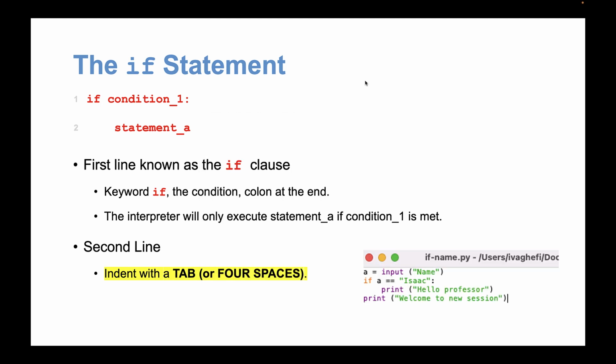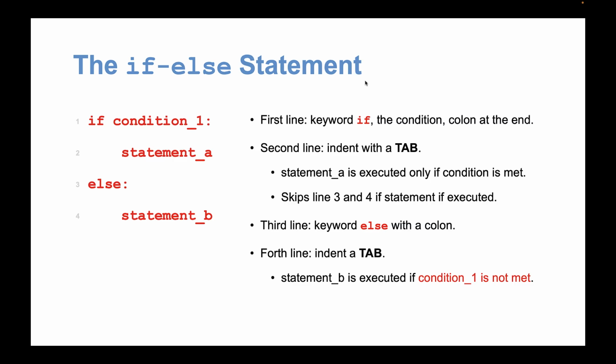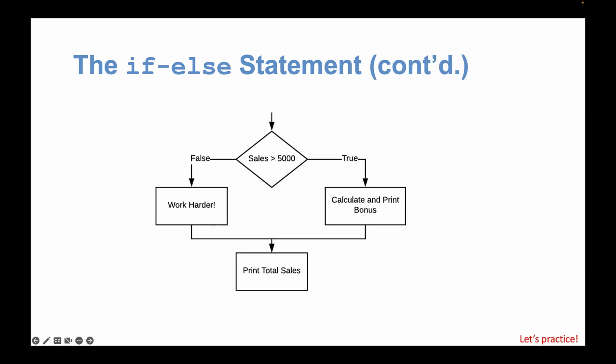All right, so this is when we have only one condition, but in most cases we might need to compare between different conditions and use different actions. Let me go back to a flowchart. Let's say we have salesmen and we want to check their monthly sales. It probably should be reversed to make it more logical.